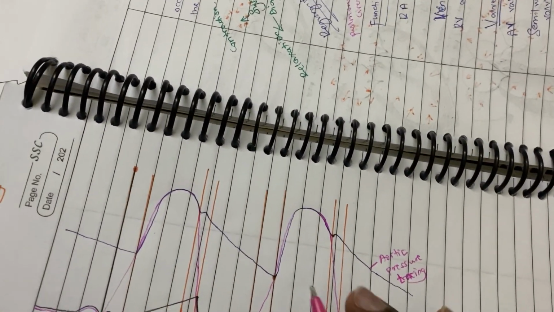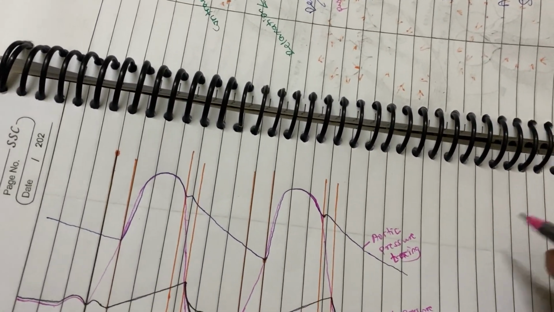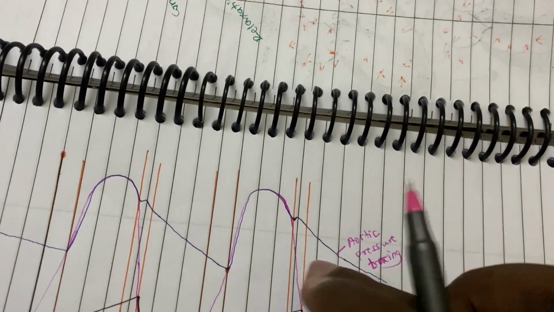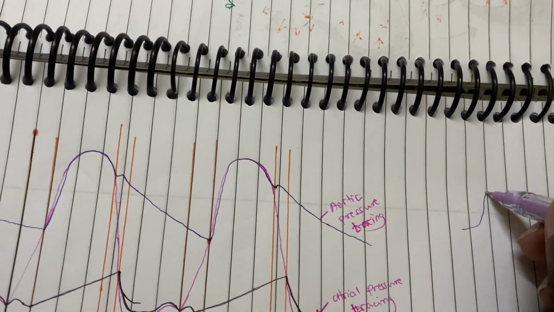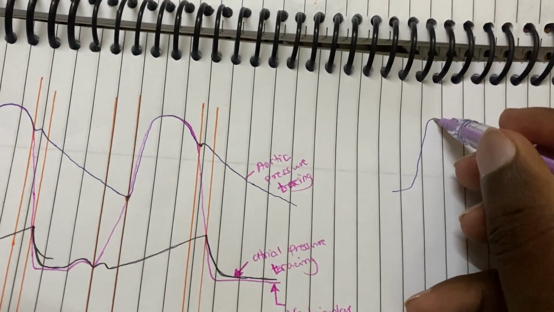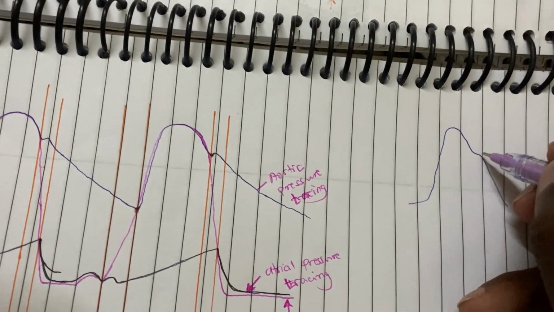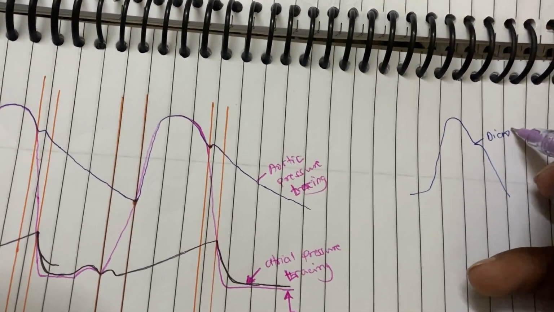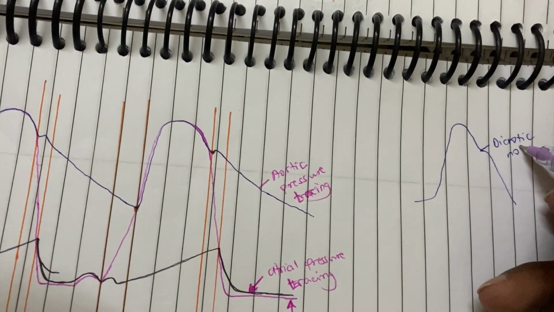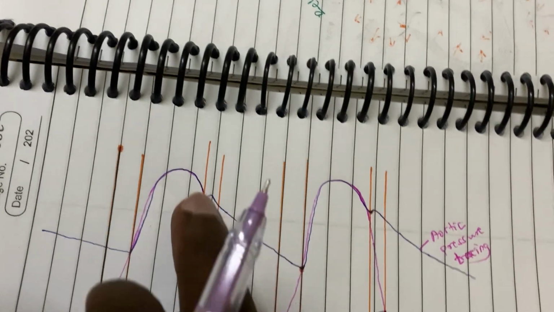Now, we can extract one from here. This is an arterial waveform in blue. An arterial waveform looks like this. This is the dicrotic notch. It is this one in blue, but it's more slender.